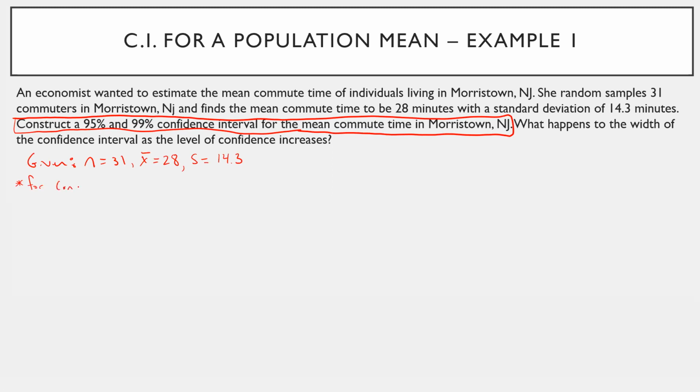So for confidence intervals for a mean, you're always going to use this formula. You're going to take your point estimate and add and subtract what's called the margin of error.